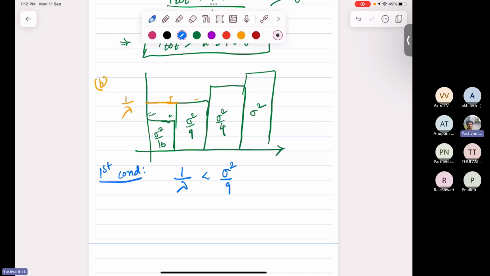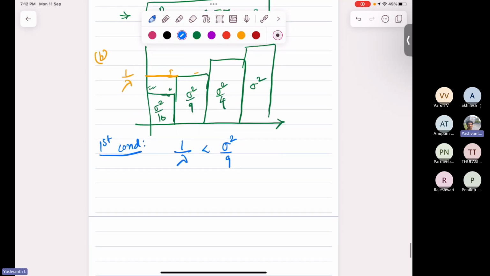But what is your power? P1 equal to P tot. Exactly, P tot. But what is 1 by lambda equal to? P tot plus sigma square by 16, correct? It is the sum of this plus the sum of this.